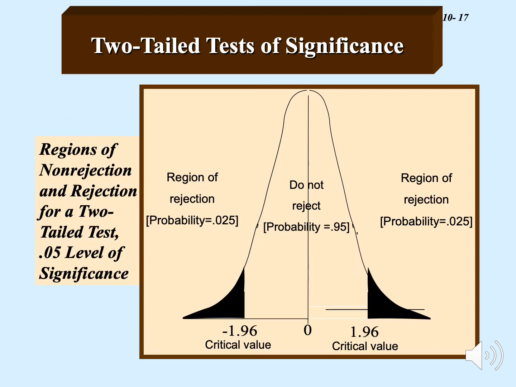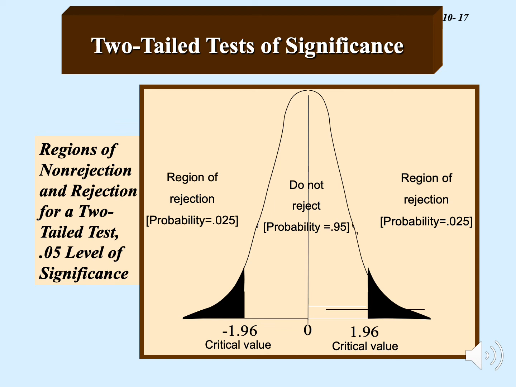This is how it looks like. This is a 95% confidence level, so it's minus 1.96 and plus 1.96, the critical values on both sides of the normal distribution curve.